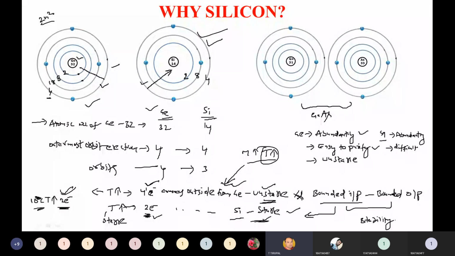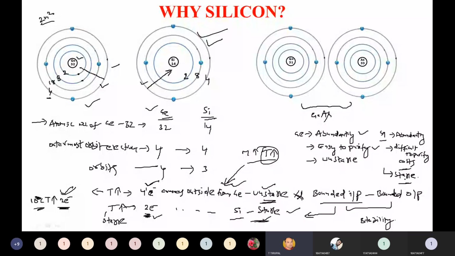If you want a pure material of silicon, it's very difficult because you need to purify it in very large quantities. So it requires time and money, and purification costs a lot for silicon, but one advantage of silicon is that it is stable at higher temperatures, right?